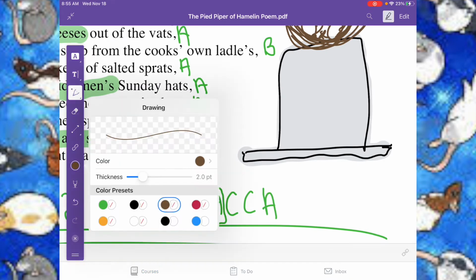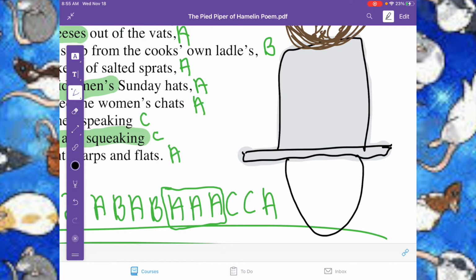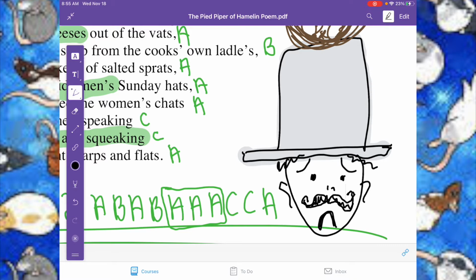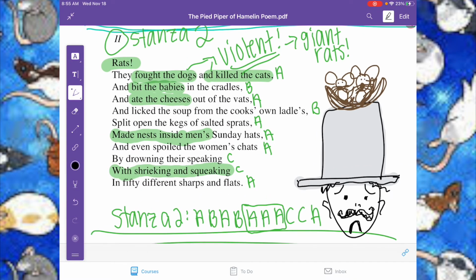All right. And then I'm going to draw a guy down here. Remember, these are Victorian men, so I gotta give him a mustache. And he's going to be very concerned. What else?